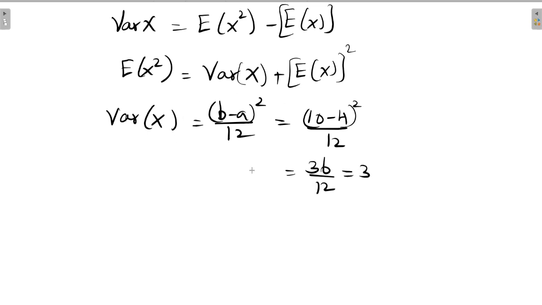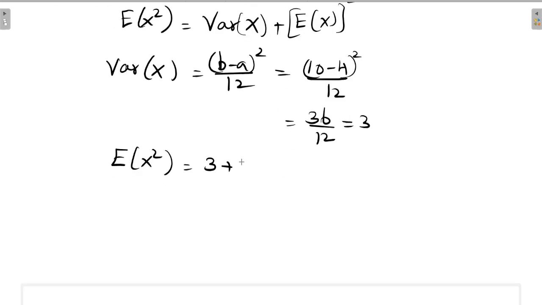Now we can use the formula: E of x square is equal to variance of x, which is 3, plus E of x, which is 7, square. 7 square is 49, plus 3 is 52.